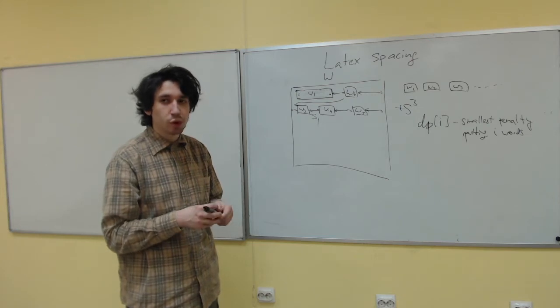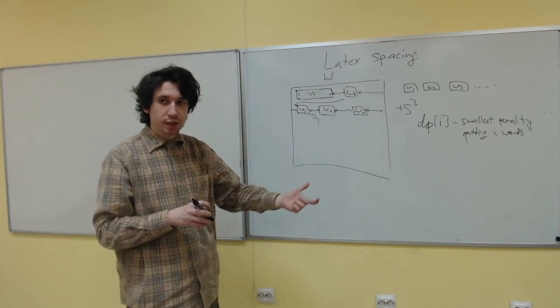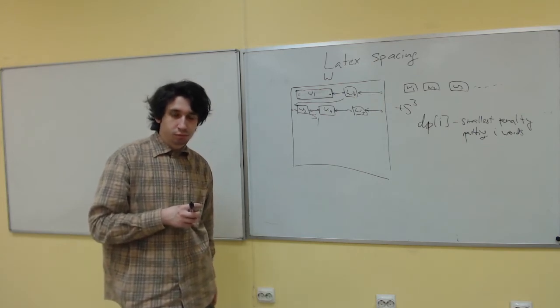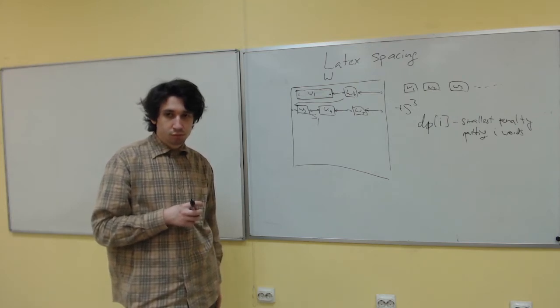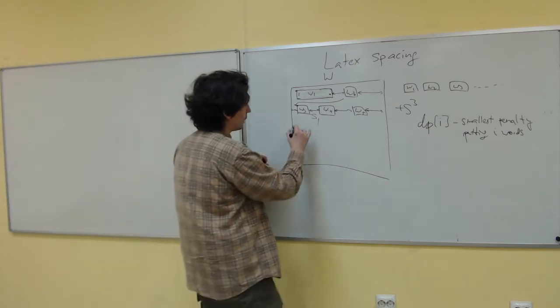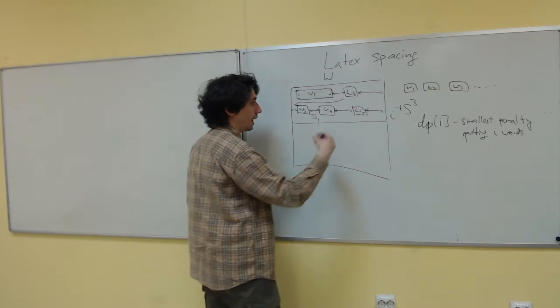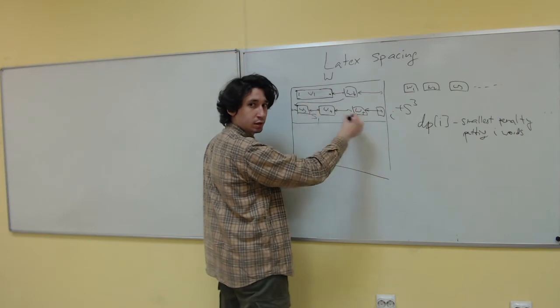We don't know the number of words at the last line. Well, but we have all the words before this, and we have all the smallest penalties. So if we add the penalty to the sum of the length and divide it... No, this means that these i words stop here, right? So when you add one additional word here, you have to recalculate all the penalties that are here.